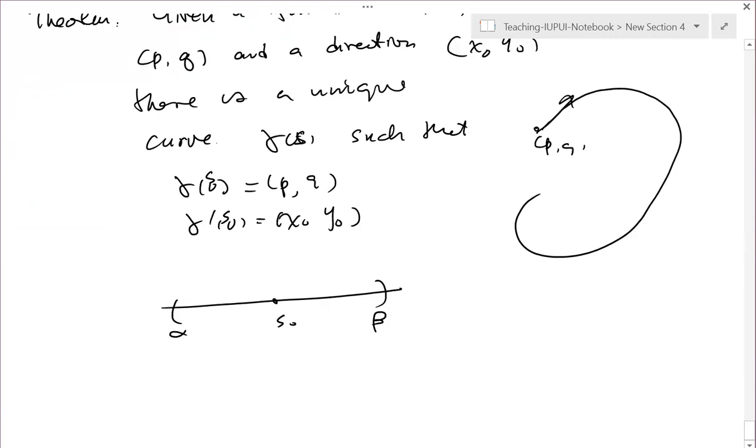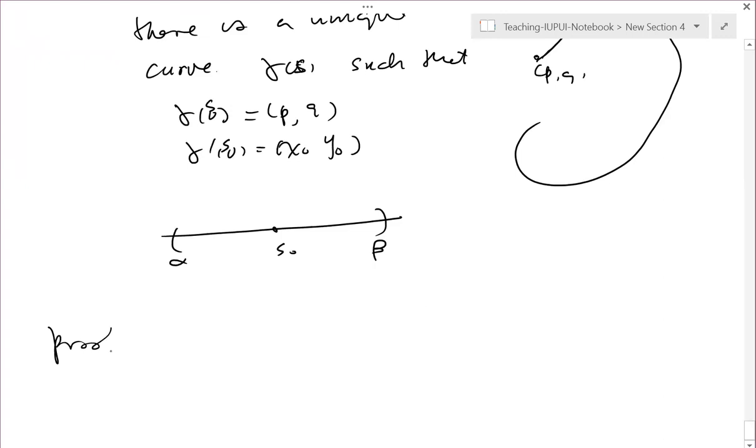Okay. So why is this true? Curvature uniquely determines the curve, but depends on the initial position and initial direction. Well, the proof is very simple. Gamma prime s equals xs ys, right?